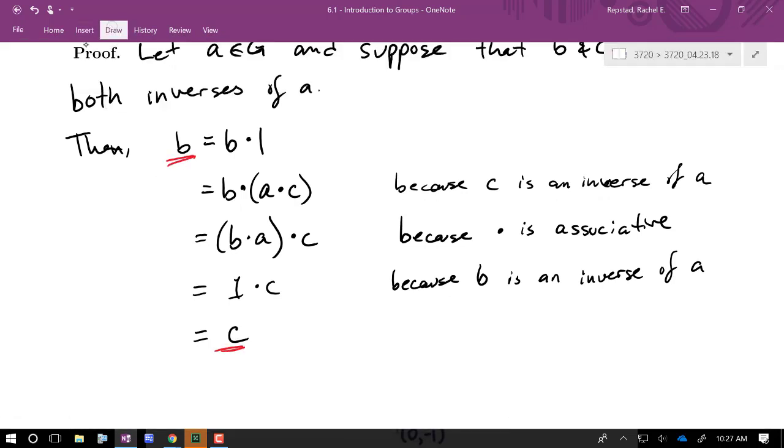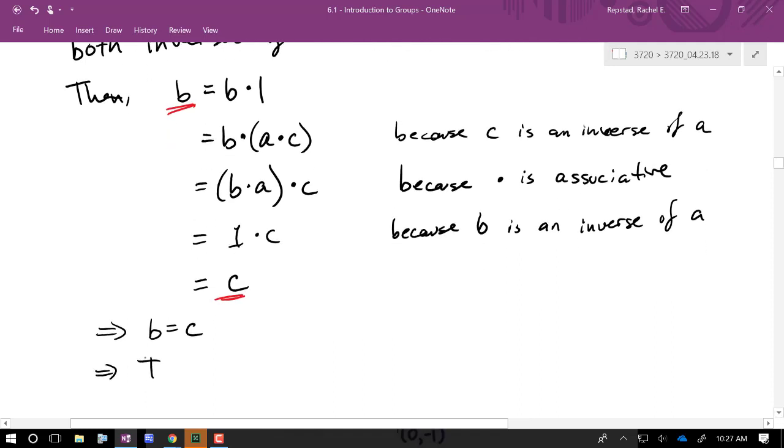B is equal to C. And that means that the inverse of A is unique. Questions on that result? Okay.